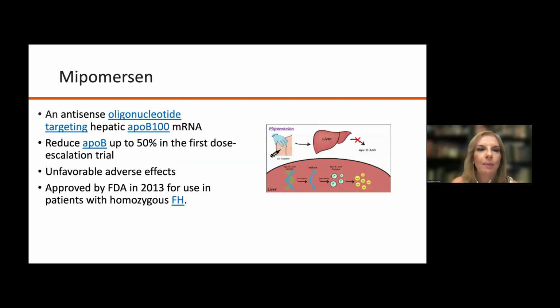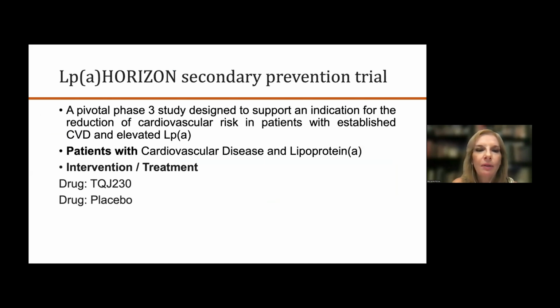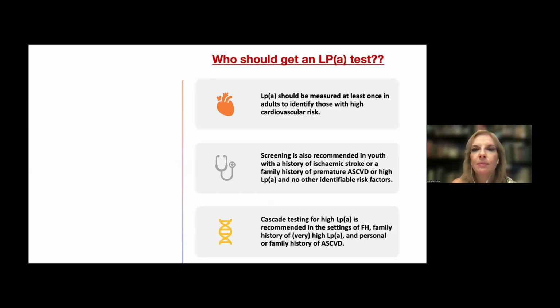A few words on mipomersen, an antisense oligonucleotide targeting hepatic apoB mRNA, which is approved only for homozygous familial hypercholesterolemia, and this might also reduce LPA. There is the HORIZON secondary prevention trial. Its results will clarify what we should do with these patients.